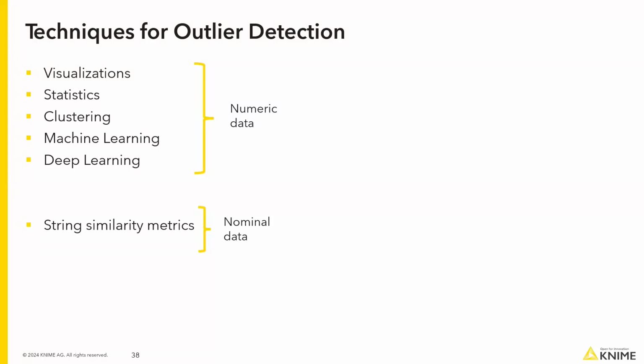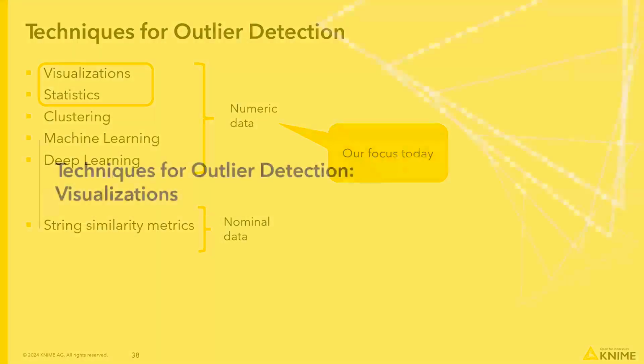And for nominal data, you can use string similarity metrics. So today we mostly want to focus on application of GenAI in the fraud detection application. So we will use the simplest methods, visualizations and statistics. But obviously there are more advanced methods to detect outliers.